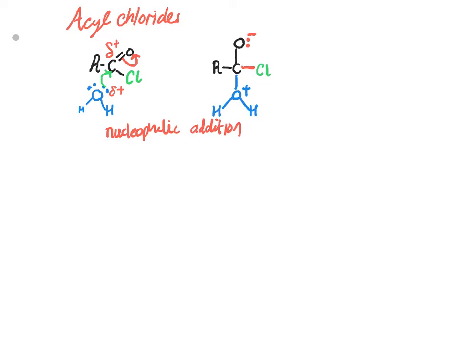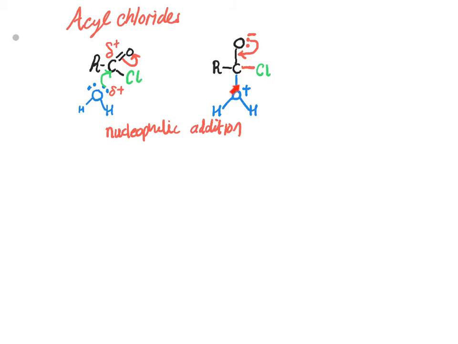This intermediate here is not stable, and therefore, to retain stability, a pair of electrons present on the oxygen here will move back to reform the double bond of the carbonyl group. And now you can see there is a total of 1, 2, 3, 4, 5 bonds, again unsustainable.